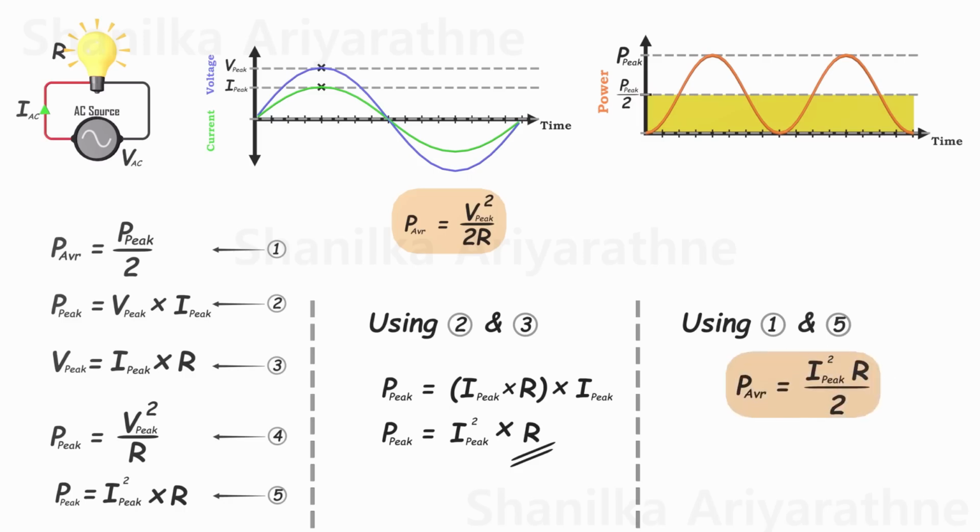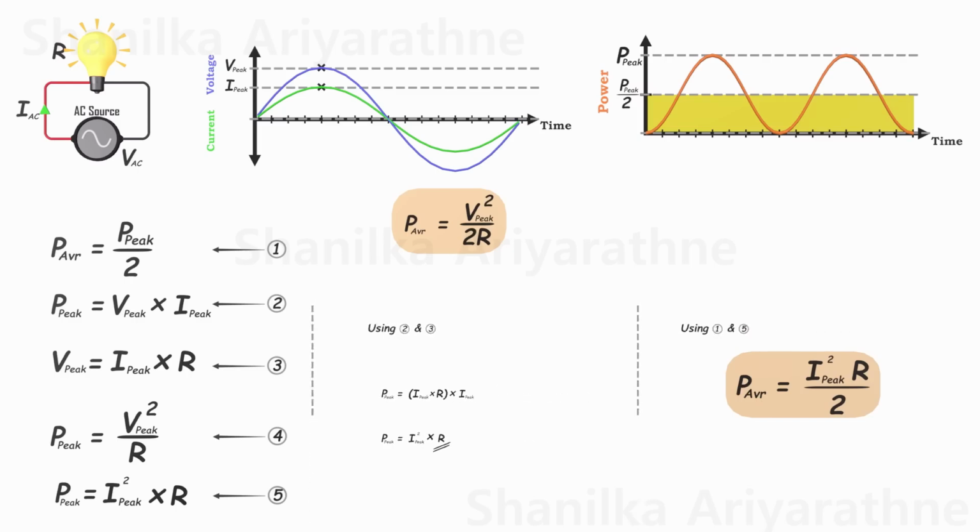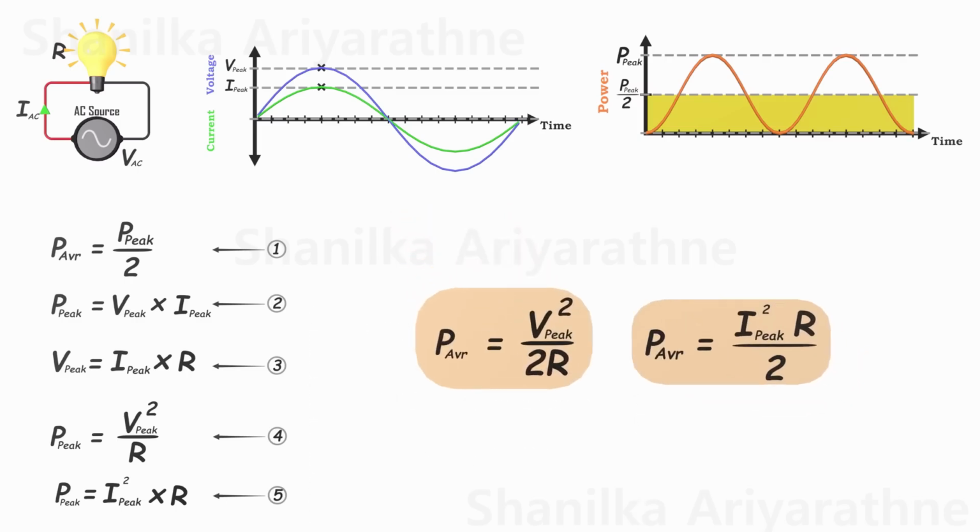The average power of an AC power circuit is equal to the squared peak current multiplied by the resistance, divided by 2. Indeed, these two equations play a crucial role in understanding RMS. I hope the derivation process was clear. As you observed, arriving at these equations for AC circuits involved a more intricate path compared to DC circuits.